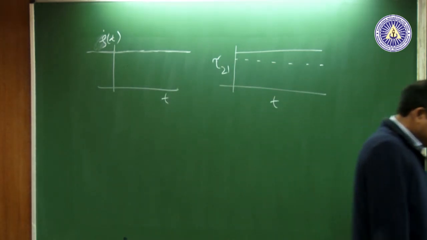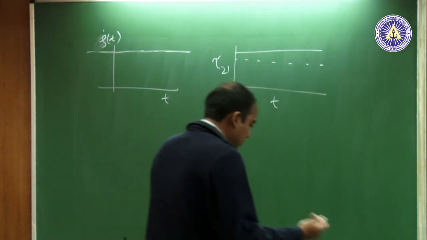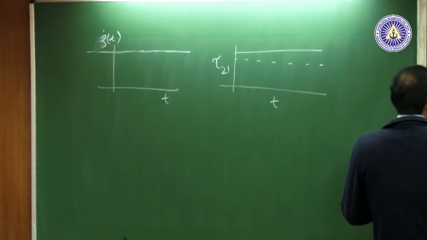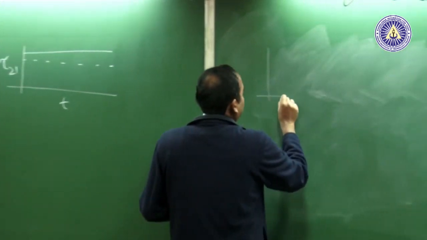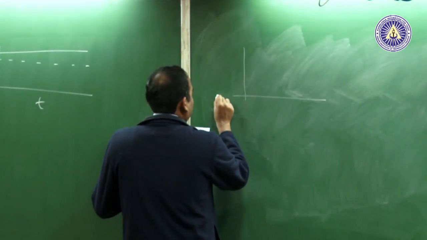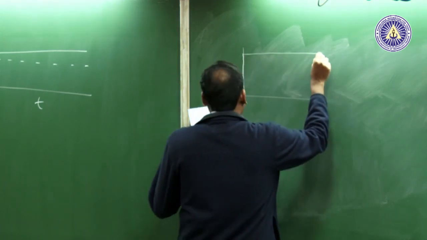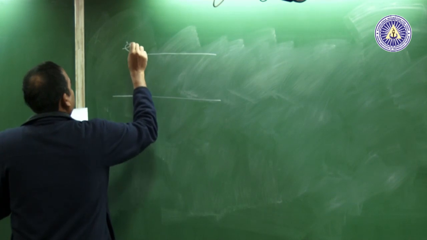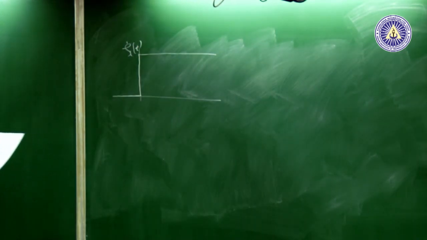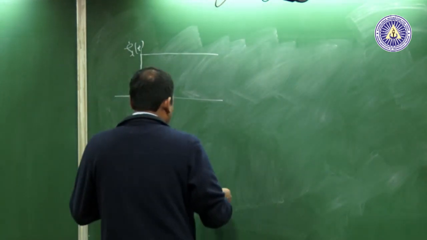Now, things get more interesting when you have other experiments which involve transients. So, the first transient that you can impose is a shear rate growth. This is called the stress growth experiment, and what you have is that the shear rate first was constant at 0, then suddenly at t equals 0 you impose some shear rate on it which is non-zero.